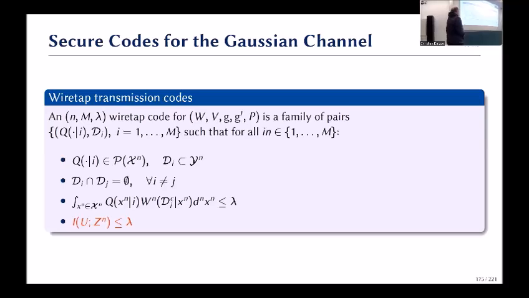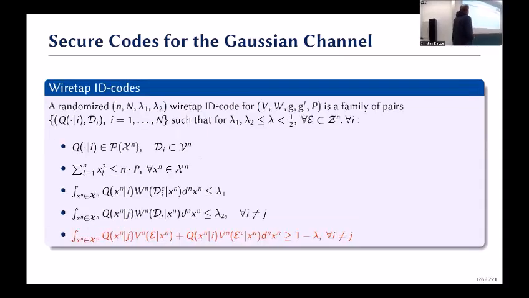And we know for the wiretap code, of course, the decoding sets have to be disjoint. And you see we have here the error of the first kind, as usual, because we do transmission here. And we also have additionally the secrecy constraint here. We want that Eve cannot decode anything.